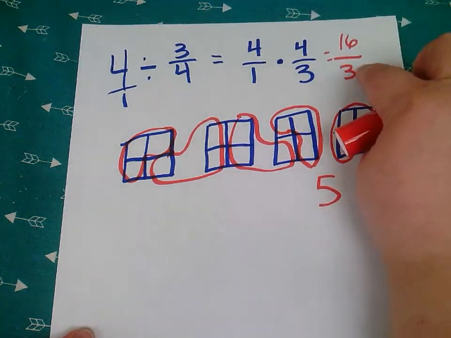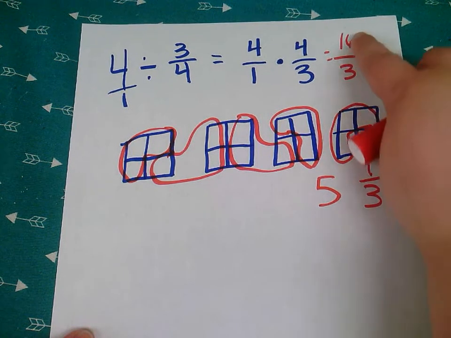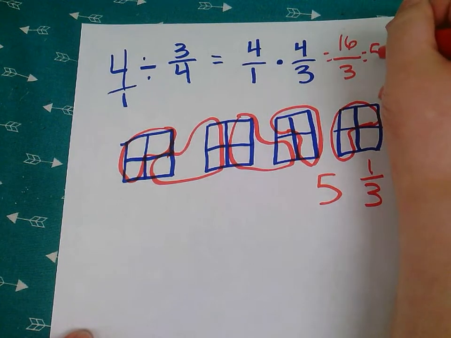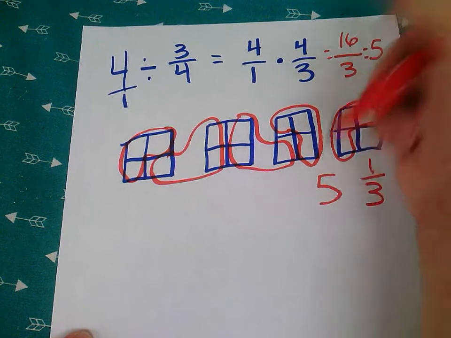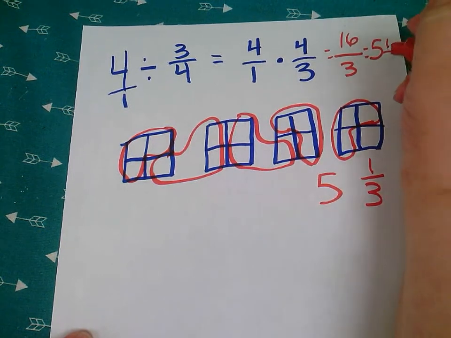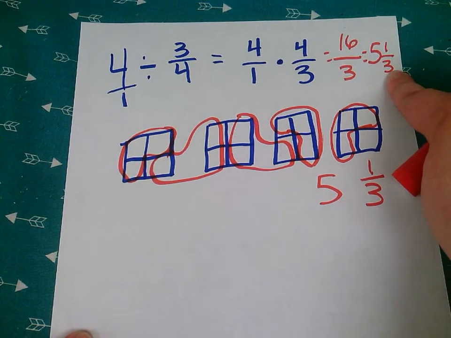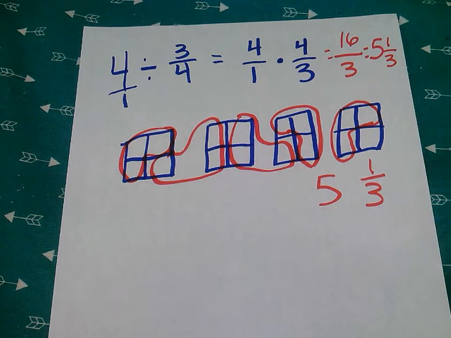And then I have to turn this back into a mixed number, and I can go, okay, 3 fits into 16 5 times, because 3 times 5 is 15. I'm left with 1 out of 3 left over. So my equation here gives me the same answer as my model.